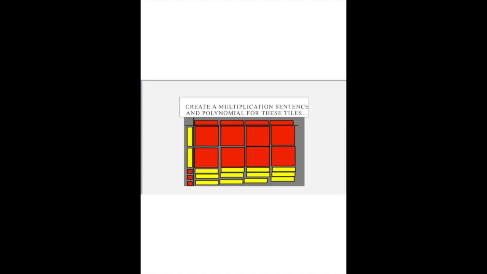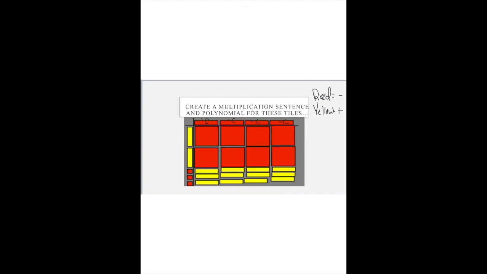Okay, so what if we created a multiplication sentence polynomial for these tiles here? If you look at the top, what values do we have? We have c, negative c, negative c, negative c, and negative c, remembering that red is negative and yellow is positive.